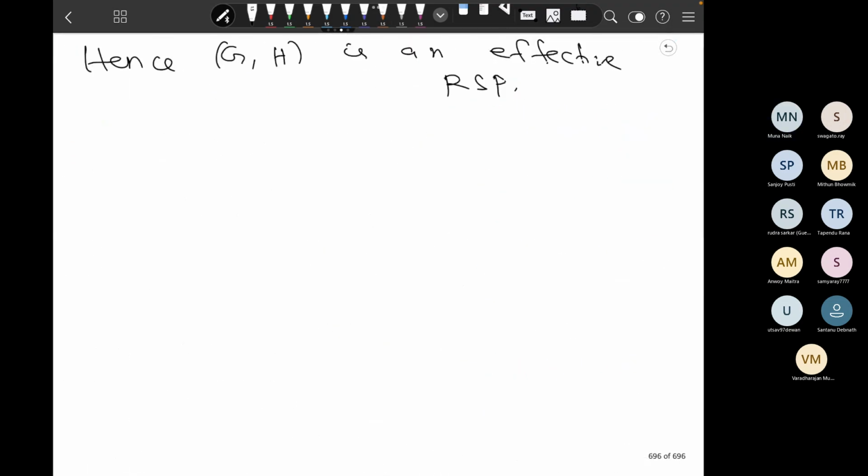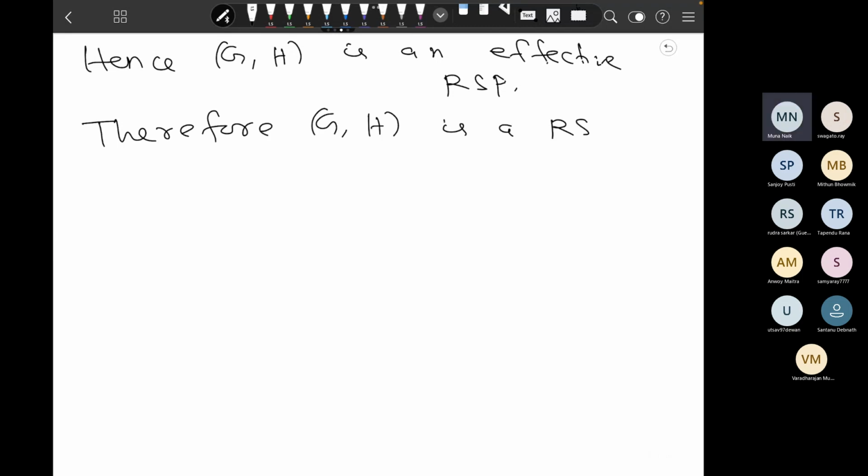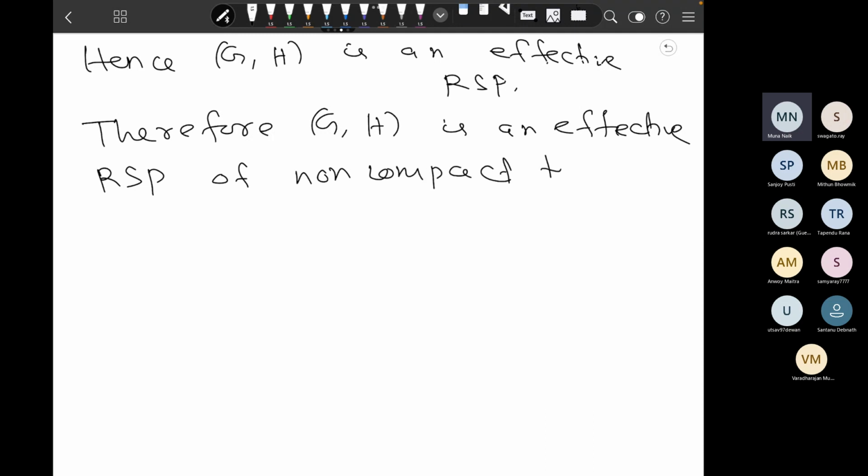Therefore, G comma H is a Riemannian symmetric pair of non-compact type, and G mod H is an RSS of non-compact type.